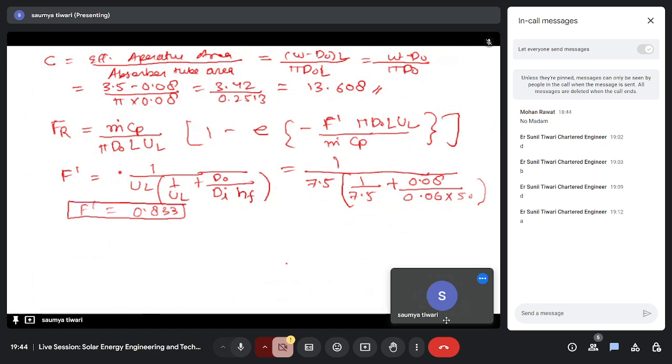Now we'll put this back into the equation. Let's calculate this m dot cp factor also.